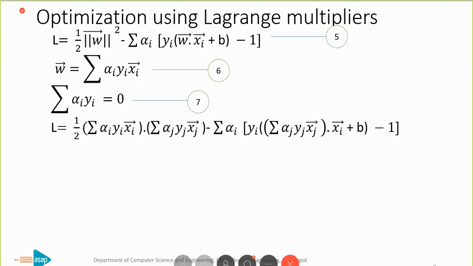When I substitute that, I will write it as the dot product of two feature vectors. xi is one feature vector, xj is another feature vector. Minus alpha i. Here also I substitute the value of W. So it's just simple algebra.